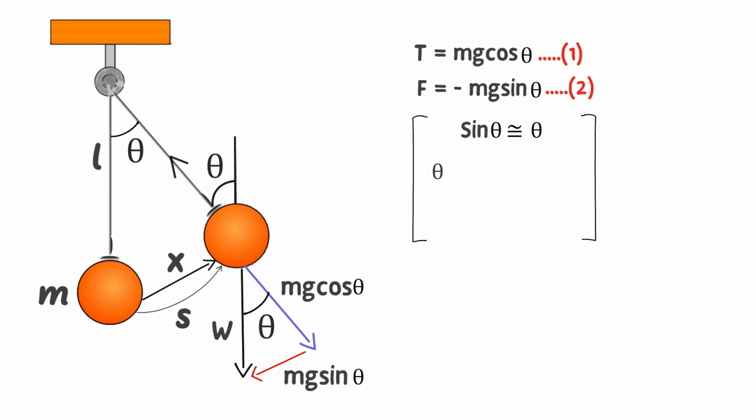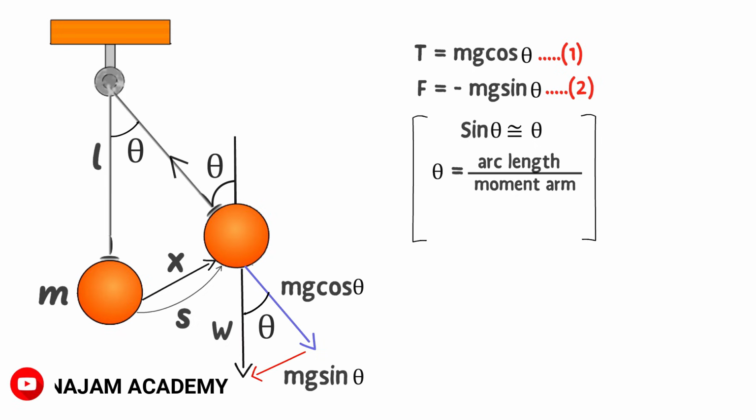We know that theta is equal to arc length upon the length of the moment arm of rotation. Here, the arc length is approximately equal to x, and the length of the moment arm is the length L of the string. So I get theta is equal to x upon L.